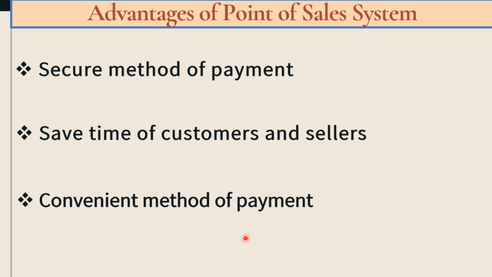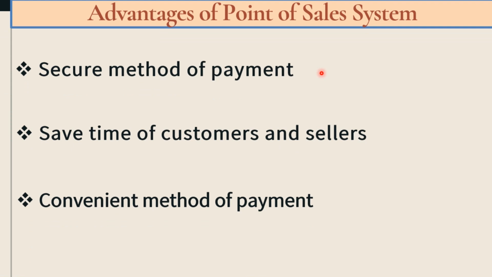The next advantage is secure method of payment. Secure method of payment means a customer can pay for his transaction very securely with the help of debit card and credit card.